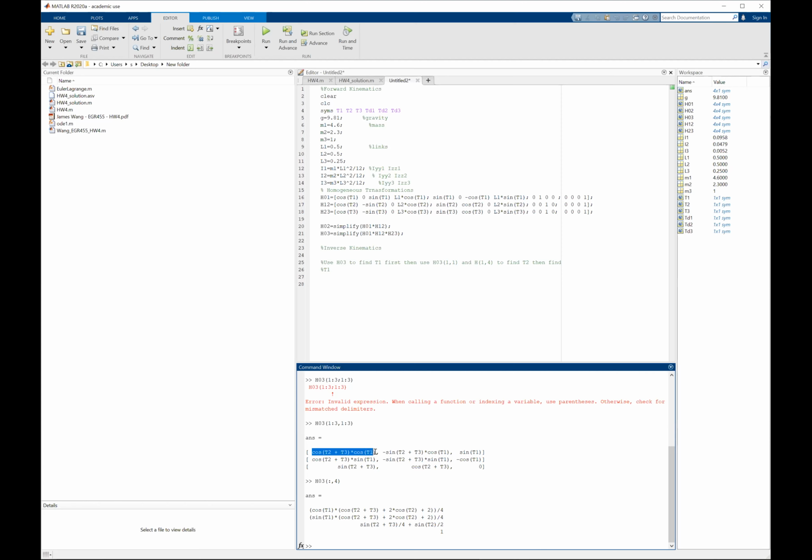That gives you cosine theta 2 plus theta 3. Once you find that, it can be substituted in this expression and you can find out the value of theta 2. Once you know theta 2, you already know theta 1, you can find out the value of theta 3. Trenton, did you understand?